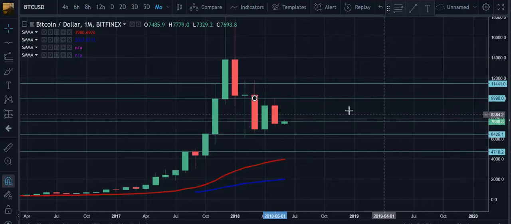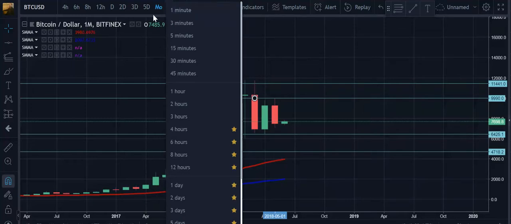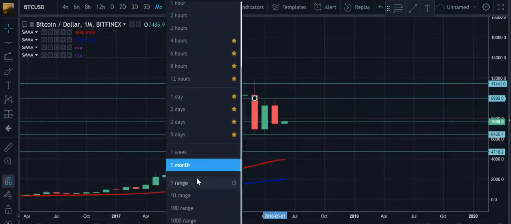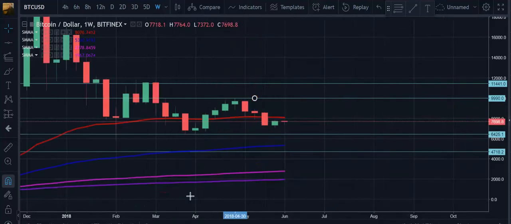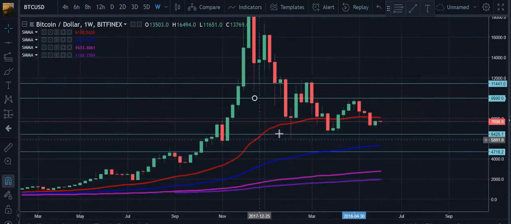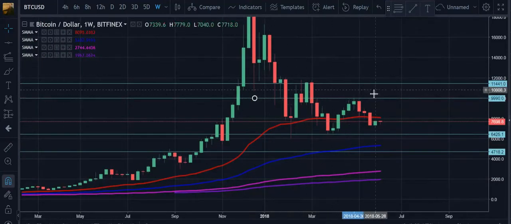So now we're going to do it in a more advanced way. I need to go to the weekly chart, because I need more bars. Look at how the market respected these lines.